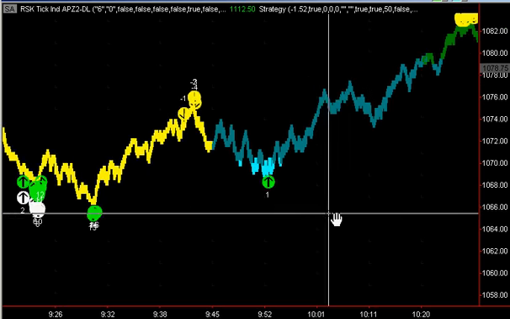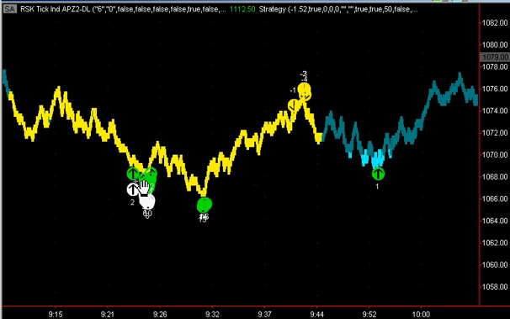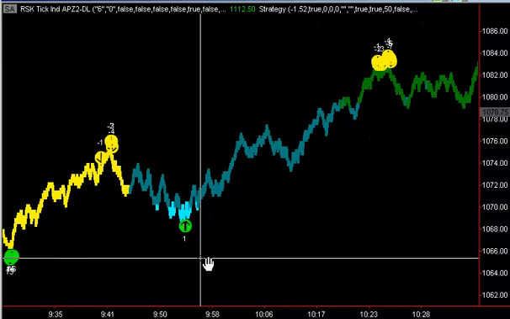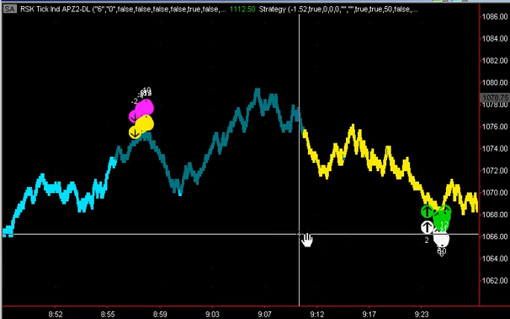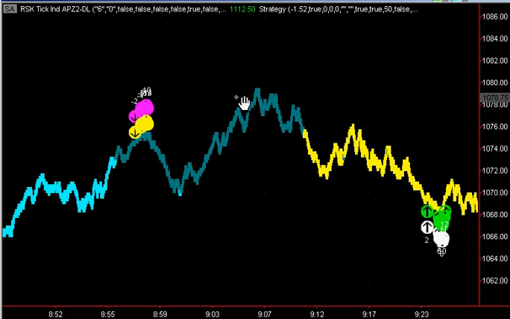Now here, for example, we have several signals that ultimately get stopped out if we didn't pull a stop to break even. But here, it's right on the money. Here, these two trades here are very accurate. I'm just looking for another. Yeah, here's a good example. We went higher.